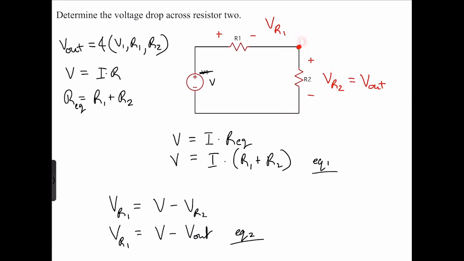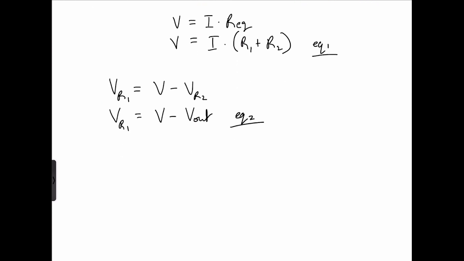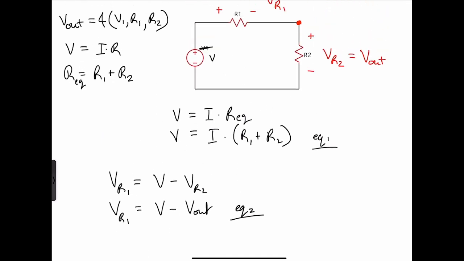So that's the difference between this point and this point, and the voltage at this point is VR2. So that voltage, which is VR2, which is equal to V out, is the difference of V out minus 0. That's 0 volts, because that's ground.